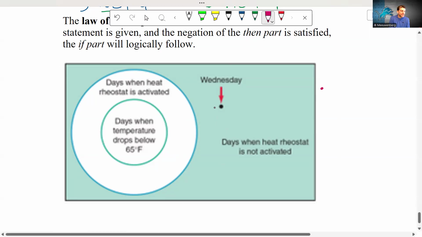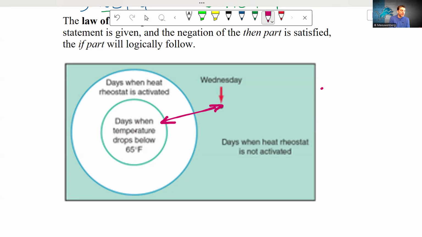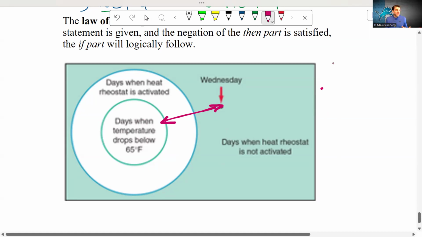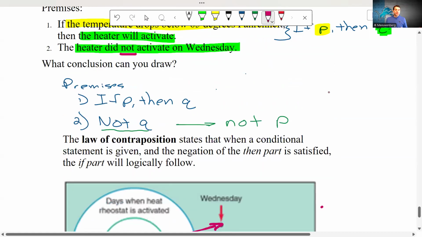Wednesday could not possibly occur inside this circle. So our conclusion is on Wednesday, the temperature did not drop below 65 degrees. And that's the law of contraposition.